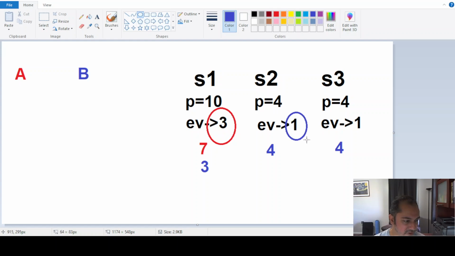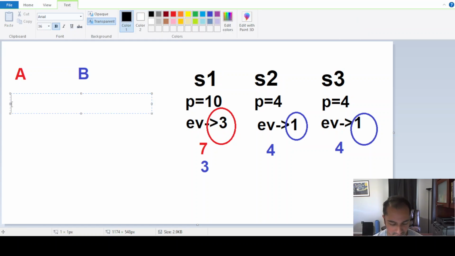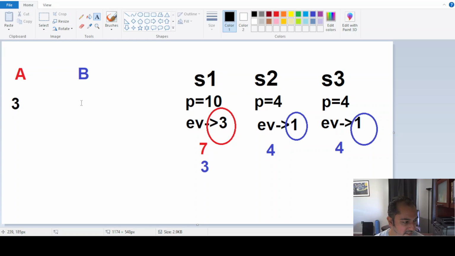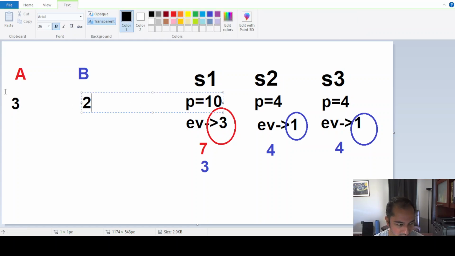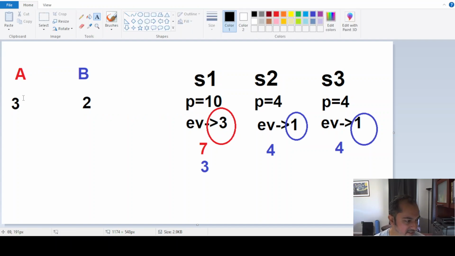All the electoral votes assigned will go to candidate B, and similarly for state 3, all the electoral votes go to candidate B. Now if we do a count, candidate A gets 3 electoral votes and candidate B gets 2 electoral votes. So you can see the winner is candidate A for this presidential election result.